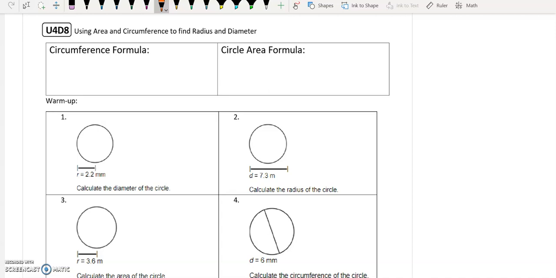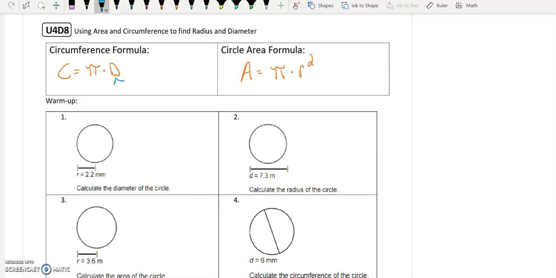Just as a reminder, our circumference formula is the one that has pi multiplied by diameter. The area formula for a circle, area, equals pi multiplied by r squared.